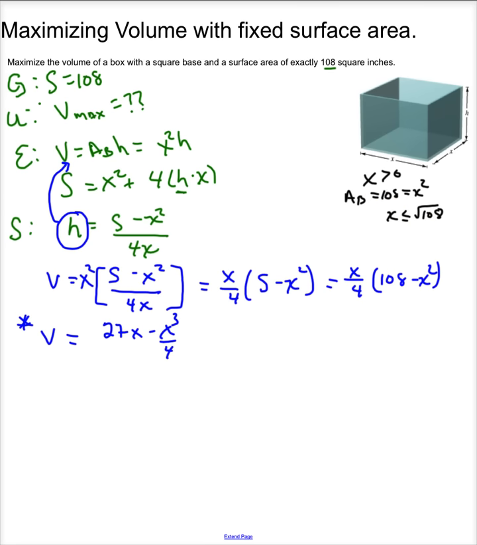Now, next step, solution. All right. To do optimization problems, you need to take the derivative of this equation and set it equal to 0. So dV/dx is equal to 27 minus 3/4 x squared. And then you set it equal to 0.